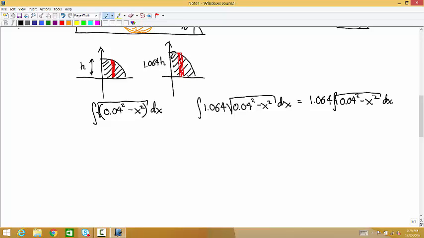So the traction vector is negative 12,000 divided by 1.064 times pi times 0.002 squared.